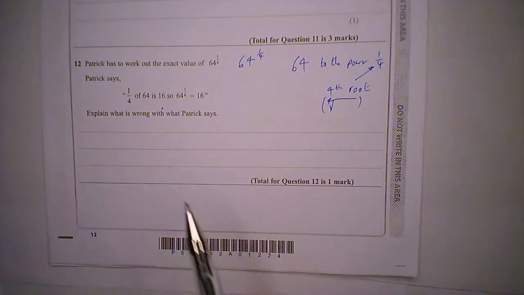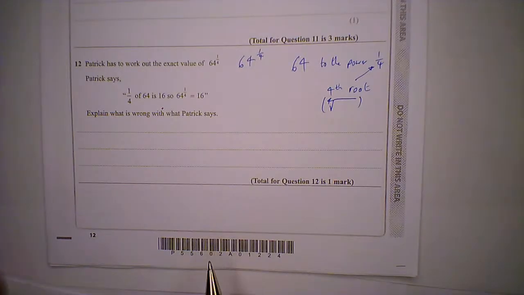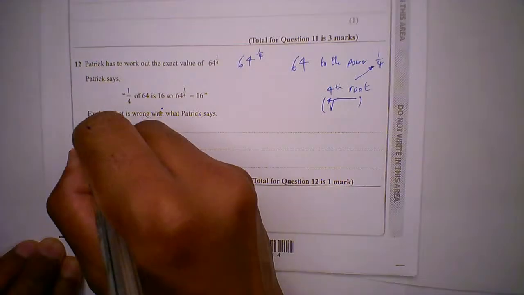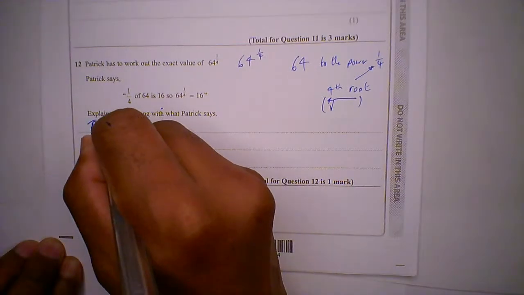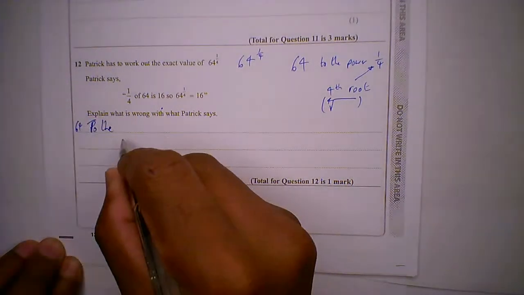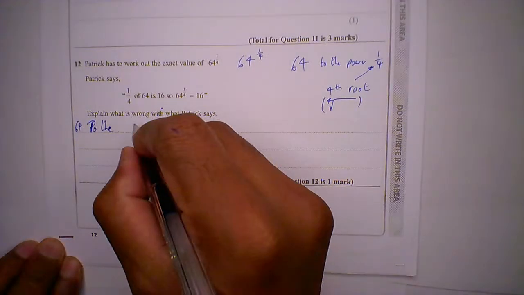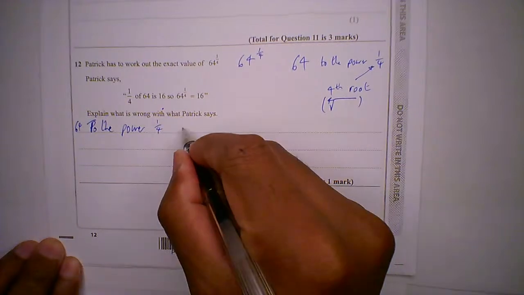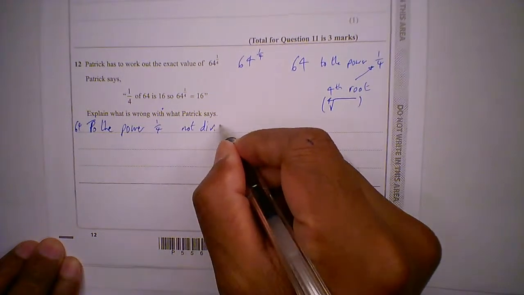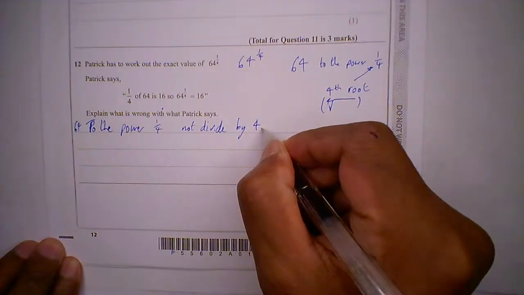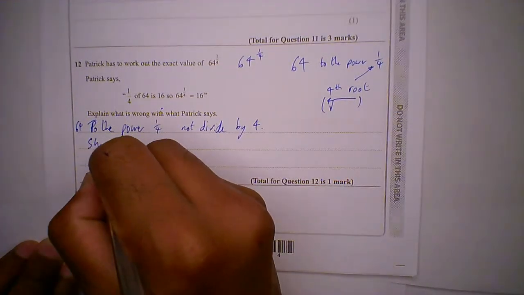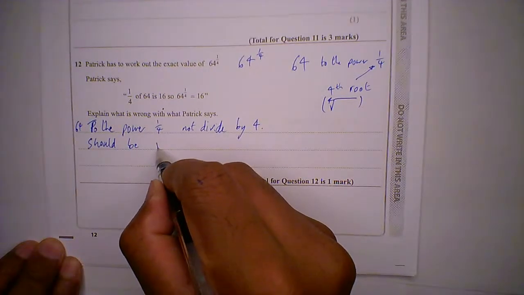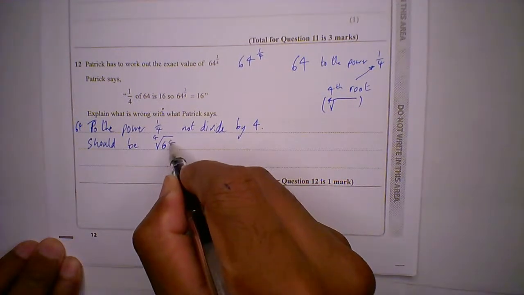Patrick said it's a quarter, and so what is wrong is that it's a power, 64 to the power a quarter, not divide by 4. I'm just going to make it clear by adding that it should be the fourth root of 64.